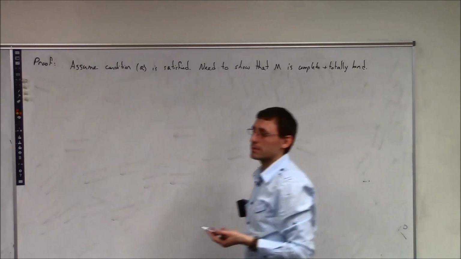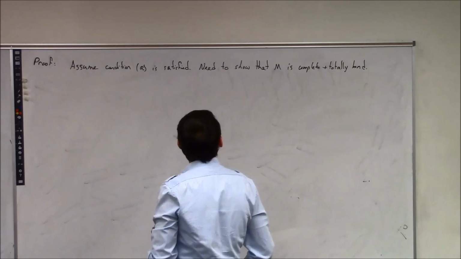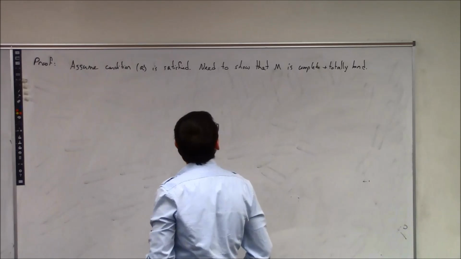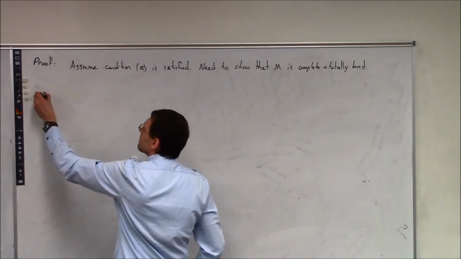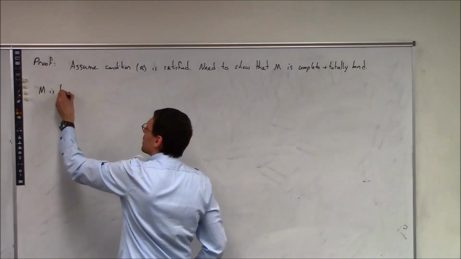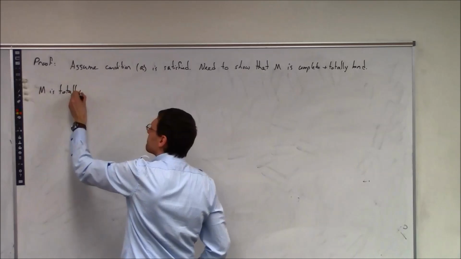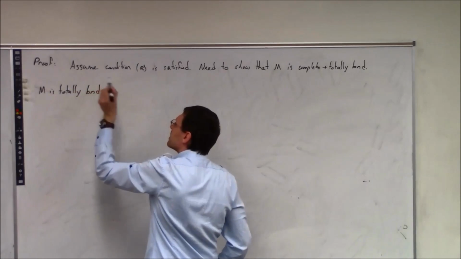So how do we do that? How do we know that M is totally bounded? That's pretty easy. M is totally bounded. Why?